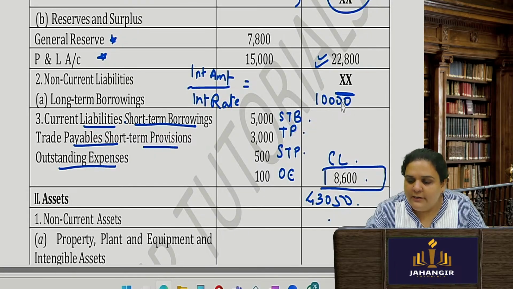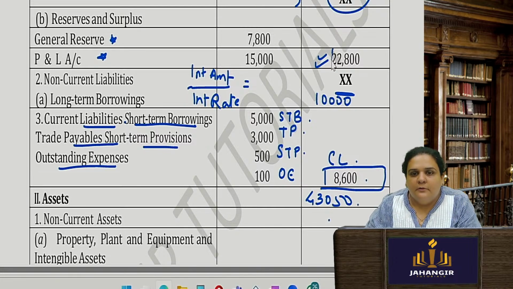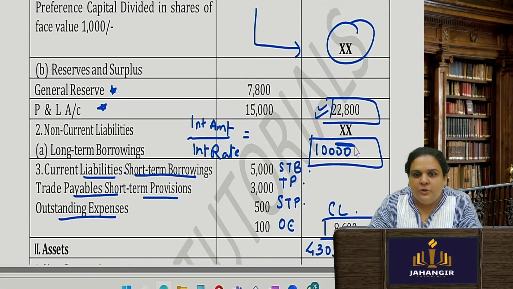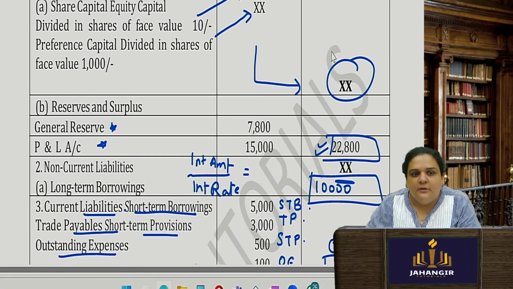So from 43,050, remove 8,600, remove 10,000 and remove 22,800. All these figures, remove them from 43,050. So your equity share capital and preference share capital will become 1650.